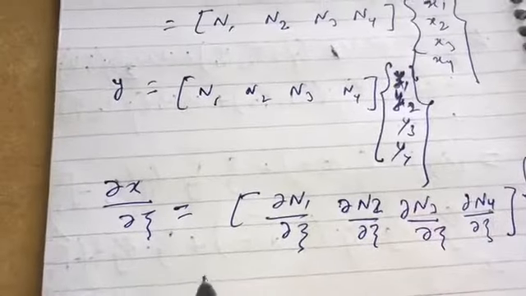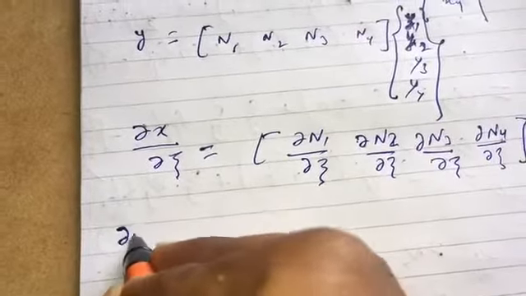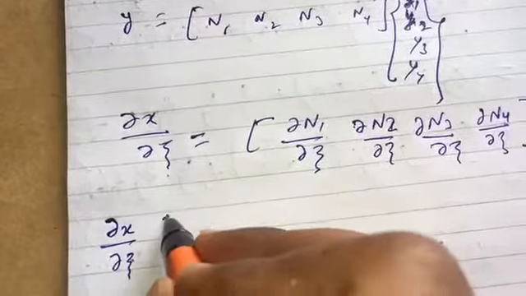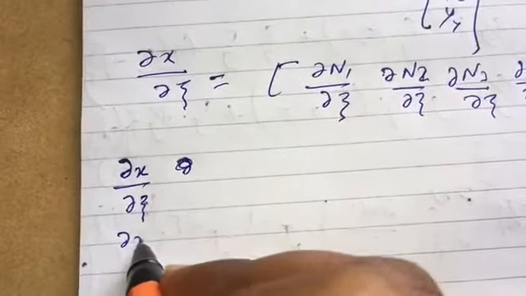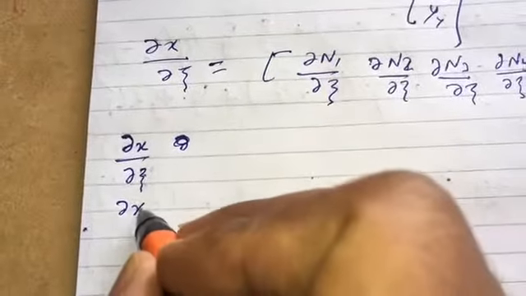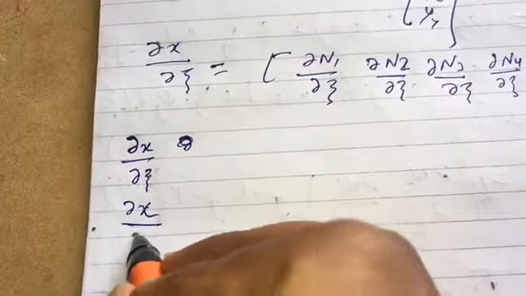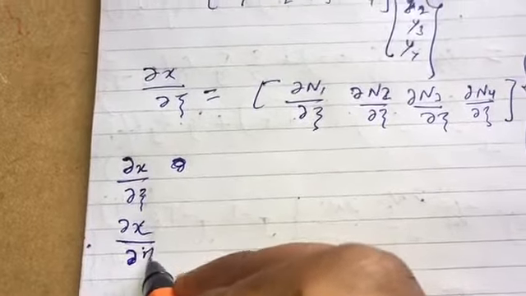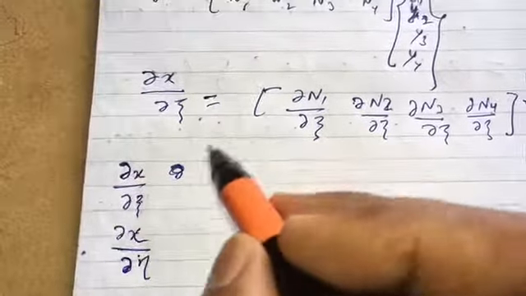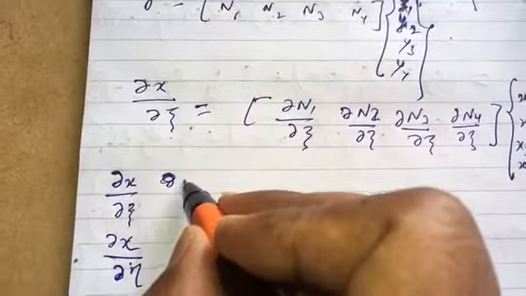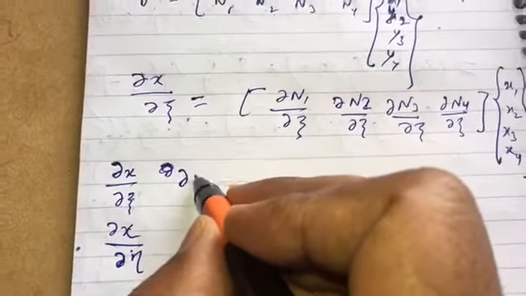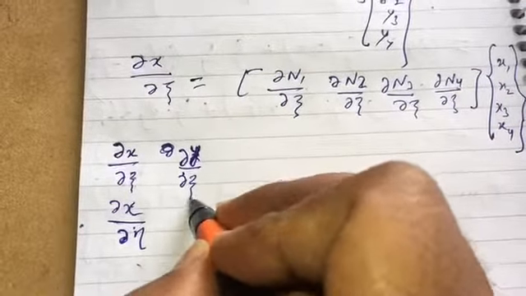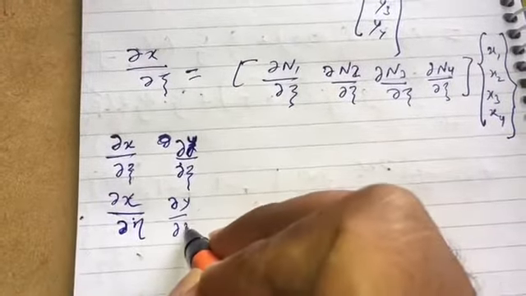So in fact we can write it like this one, del x over del xi, del x over del eta, and here del y over del xi and del y over del eta.